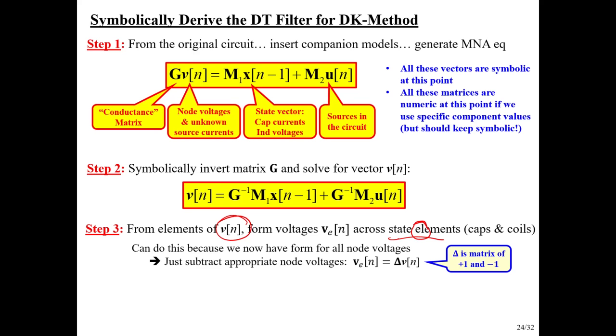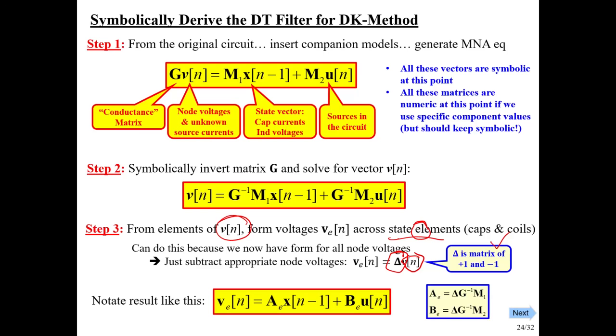So we can think about taking this vector and applying a matrix delta, which just has plus ones and minus ones in it, to form the right differences to give those element voltages. And so once we do that, delta will multiply this, delta will multiply this, and delta will multiply this.